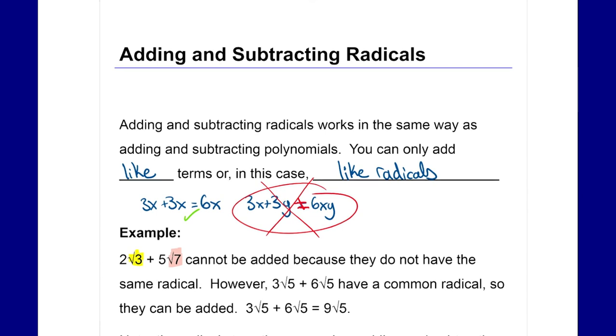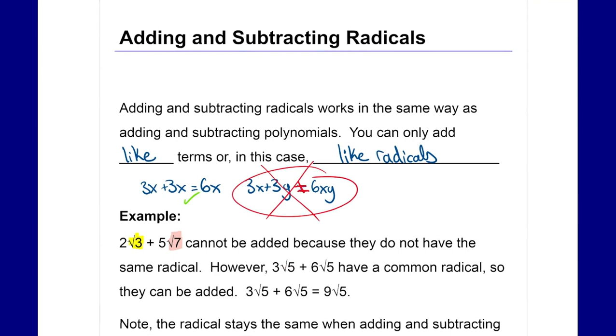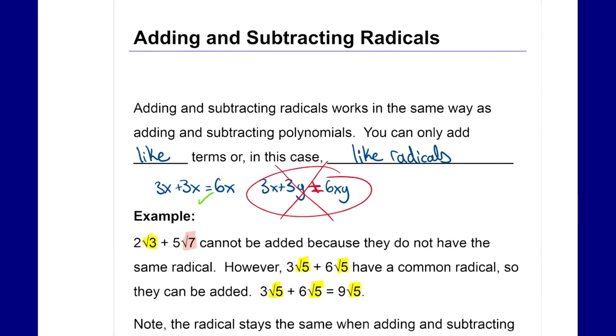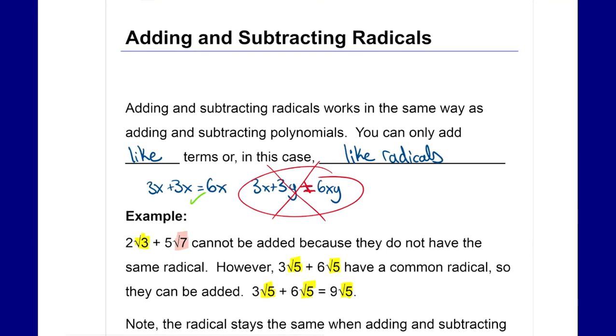One has root 3, one has root 7. However, 3 root 5 plus 6 root 5 do have a common radical. They both have root 5s, so they can be added together. 3 root 5 plus 6 root 5 gives us 9 root 5.